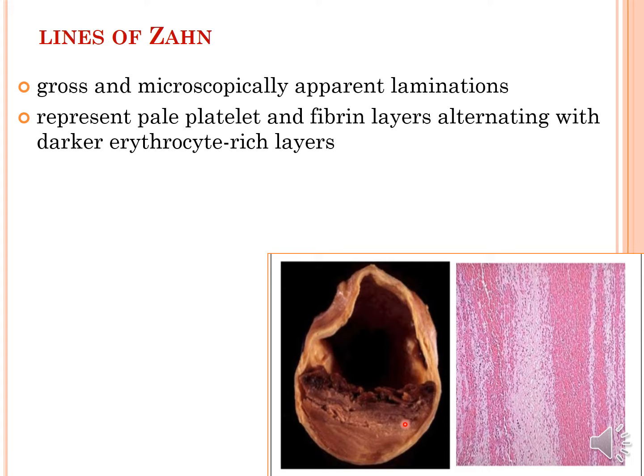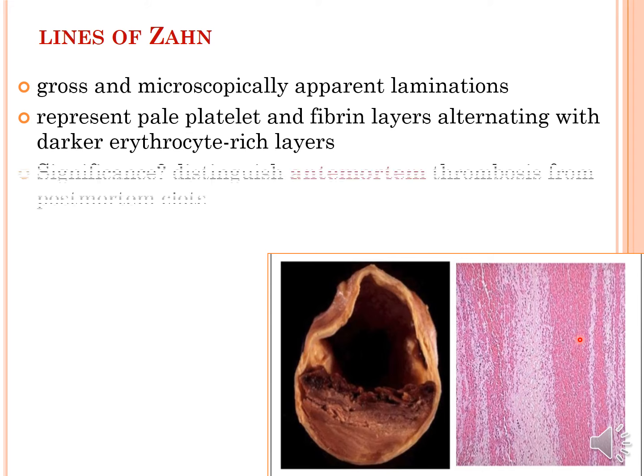They represent a blood clot which contains pale platelet and fibrin layers alternating with darker erythrocyte-rich layers. And this alternation in the layers will give the characteristic color differences in those lines. So we have pale lines alternating with darker lines, and those lines can be seen both grossly and microscopically.